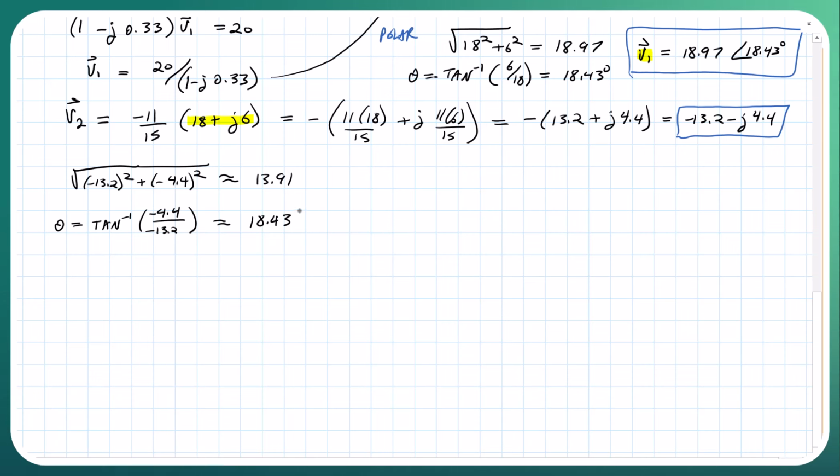So instead of 18.43 degrees, it's going to be 18.43 degrees plus 180 degrees, and that's going to give us 198.43 degrees. So then our V2 is going to equal 13.91 at 198.43 degrees.